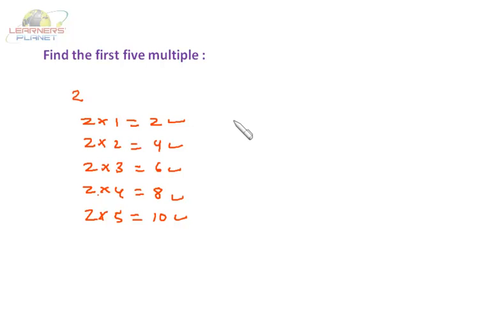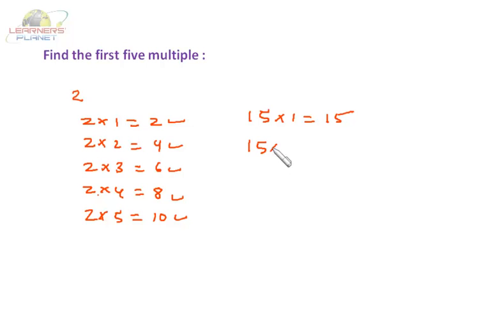Similarly, we can find out the multiples of other numbers. Suppose I have to find out the first 5 multiples of 15. Then I will write the table of 15 up to 5. Okay, so 15 into 1 is 15.